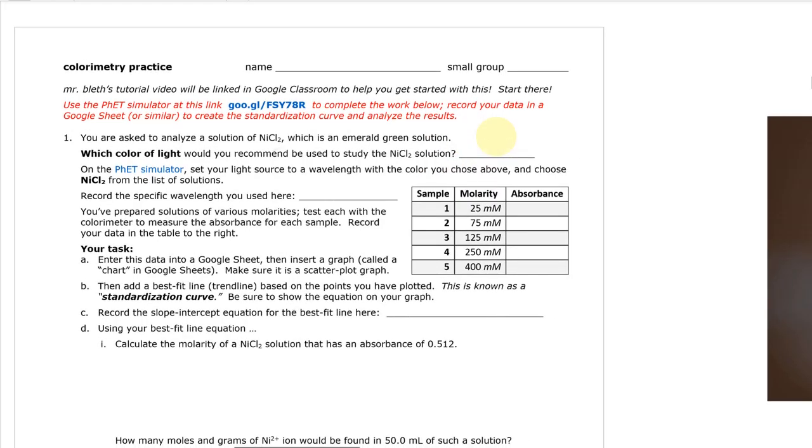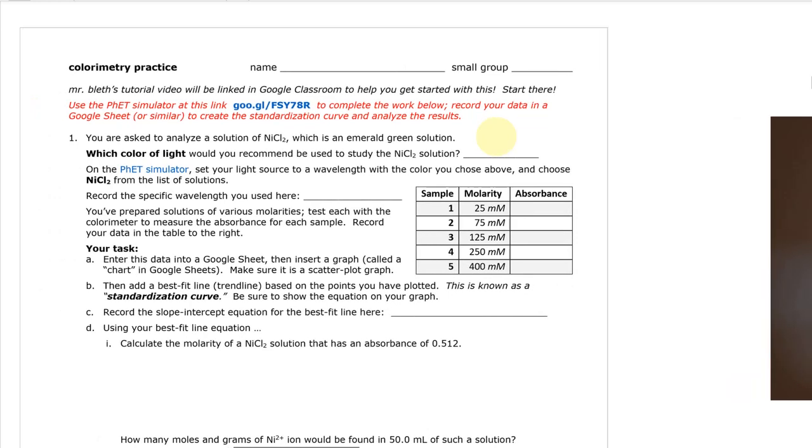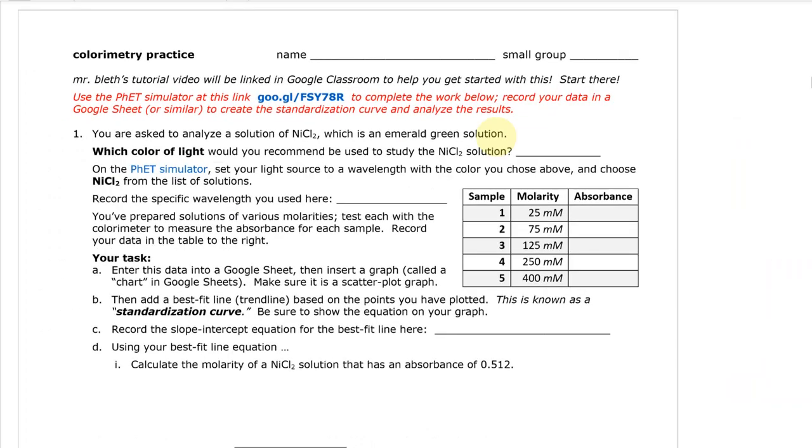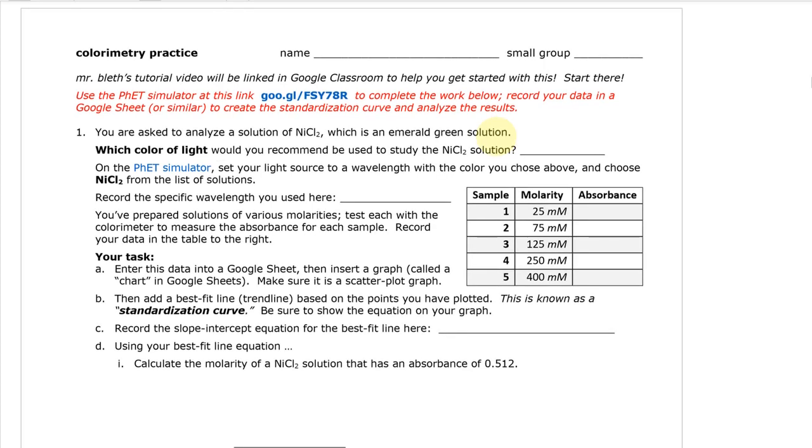So colorimetry involves solutions that have a color. And so in this packet, hopefully you have one like this, or in these problems, you'll see solutions that have a color. Right off the bat, in this first question, a little further down the page, it says we have an emerald green solution. Colorimetry is very difficult to do if you're talking about a solution that has no color, like salt water or a sugar solution.